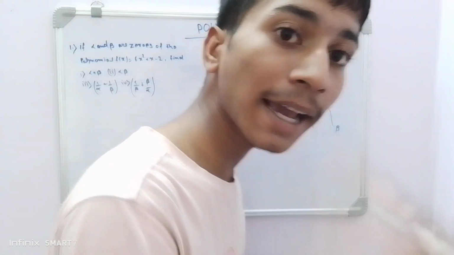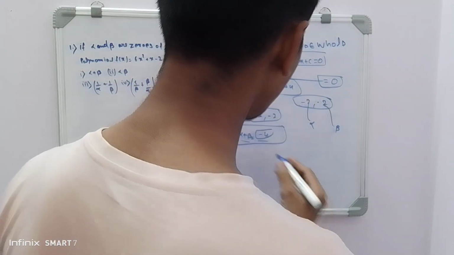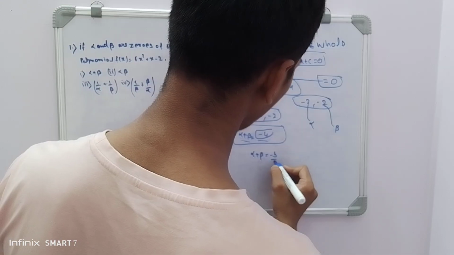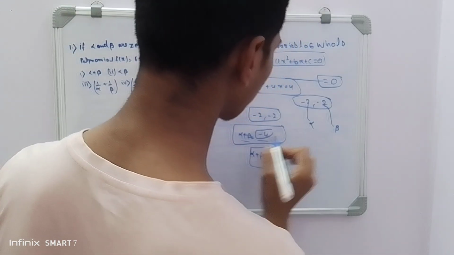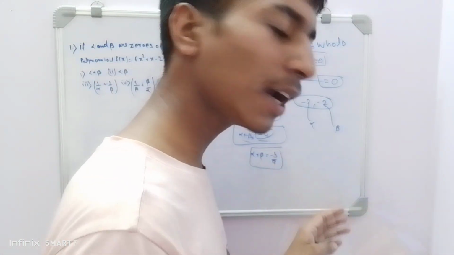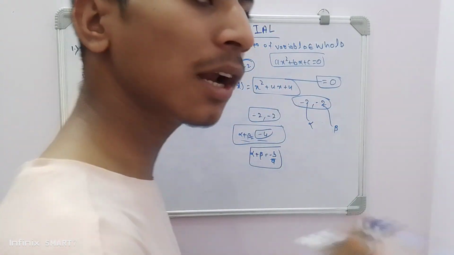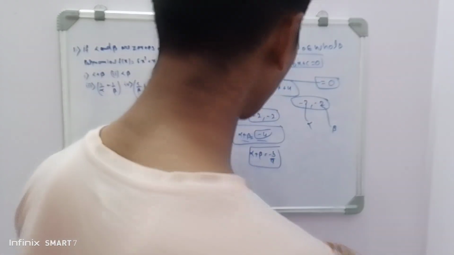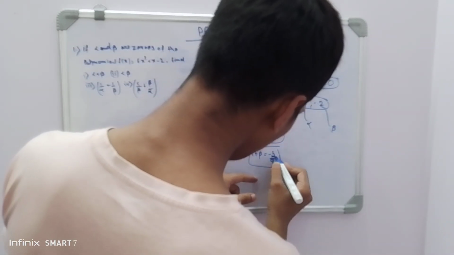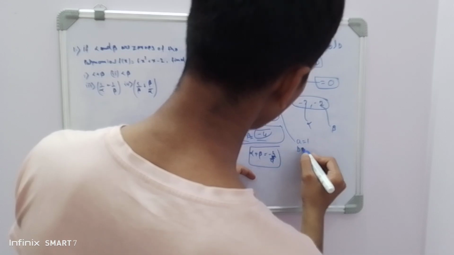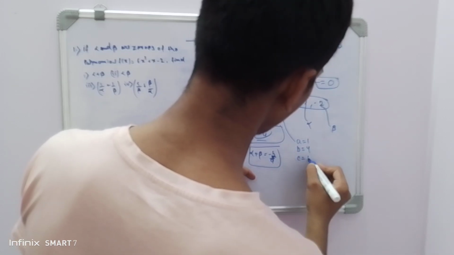But we have a direct formula to find alpha plus beta: alpha plus beta is equal to minus b by a. So we have the formula minus b by a, through which you can find alpha plus beta, or the sum of zeros of any polynomial, without solving it. So as we have minus b by a, for this we have a equal to 1, b equal to plus 4, and c equal to 4.